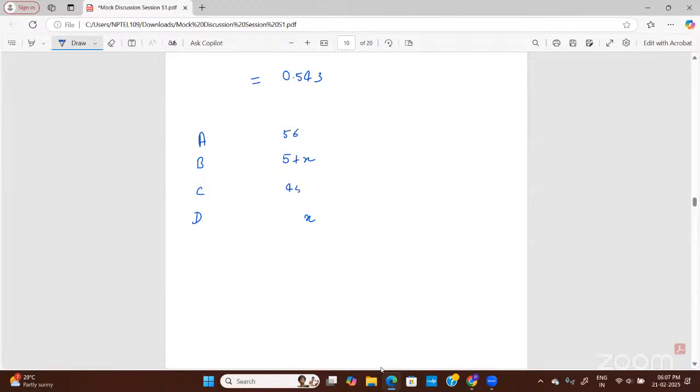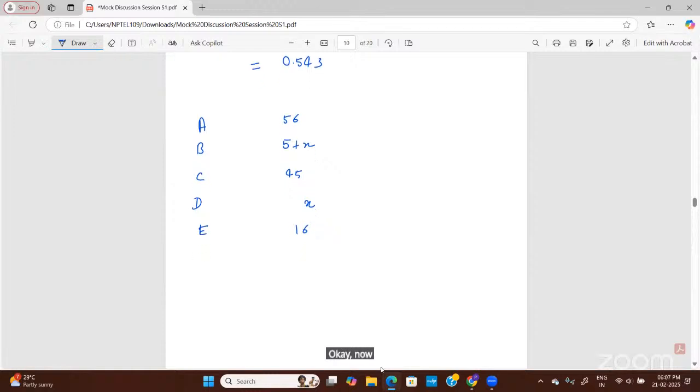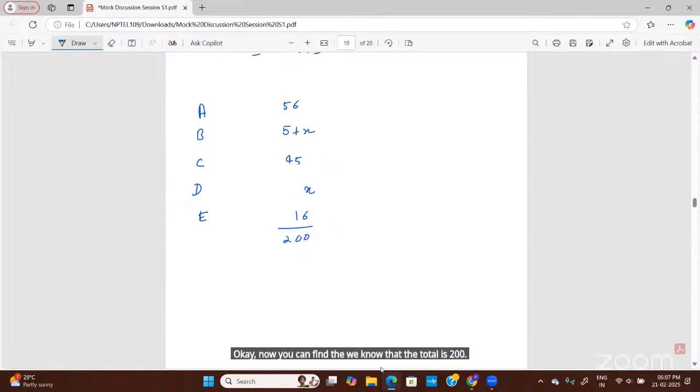Now we know that the total is 200, so from here you can find the value of X.